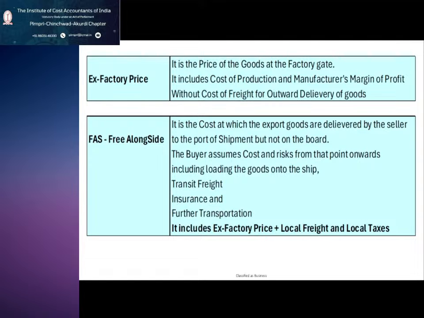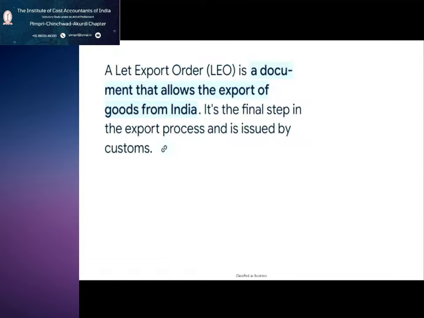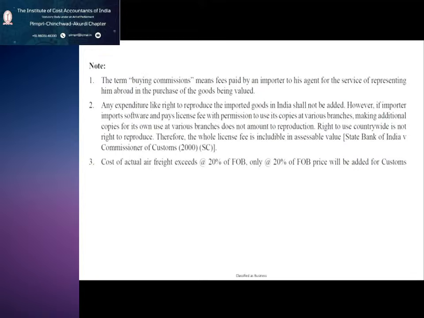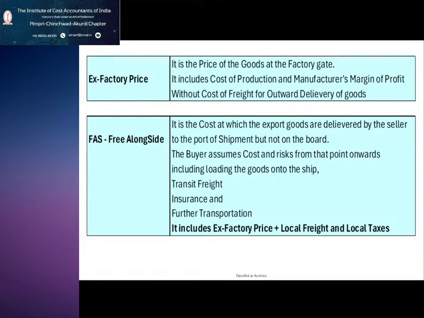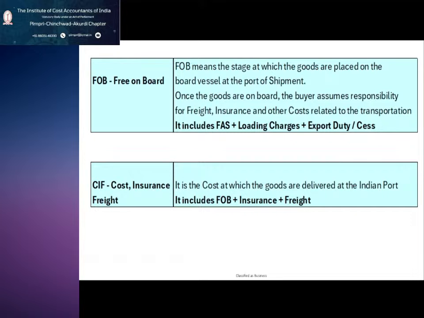Here, before we start with the problems, we can have a discussion on what is meant by ex-factory price, what we call free alongside, and what is FOB. In this valuation, all the examples are related to free on board. FOB price: we export and import the goods on FOB value.